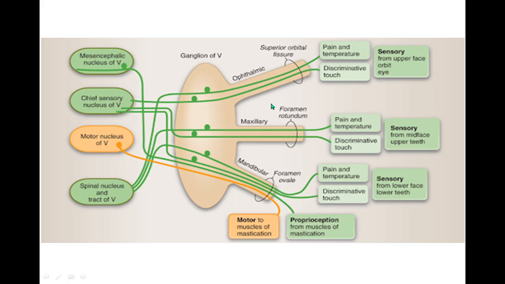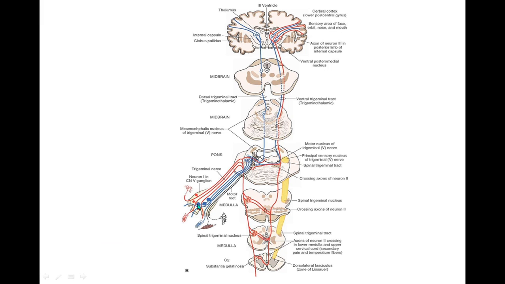So these are the three divisions and the different sensations carried by them, what area and what sensory inputs they are carrying, and how they are relayed. That is the same point I explained until now. Again, one more picture explaining the same.